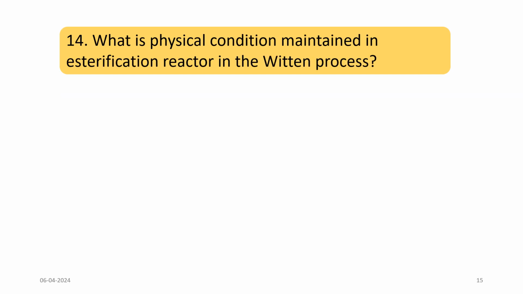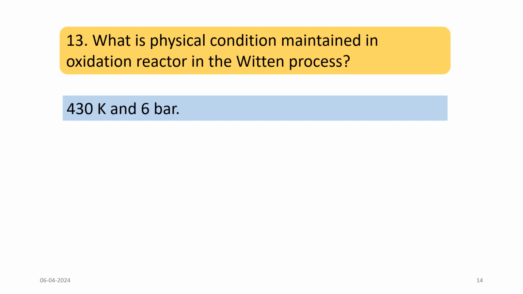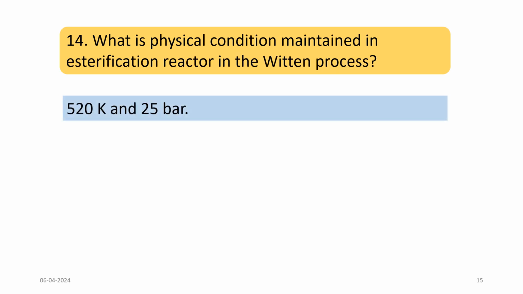And what is the physical condition maintained in the esterification reactor? In the Wheaton process, two types of reactions happen continuously, the oxidation reaction and the esterification reaction, alternately. In the oxidation reactor the condition is 430 Kelvin and 6 bar, and in the esterification reactor the temperature is 520 Kelvin and 25 bar.